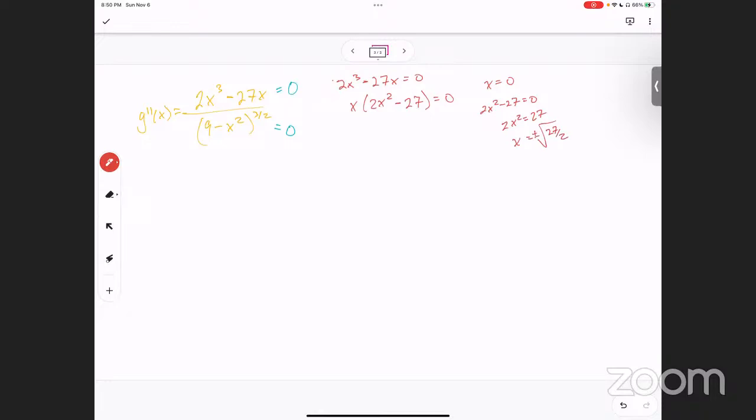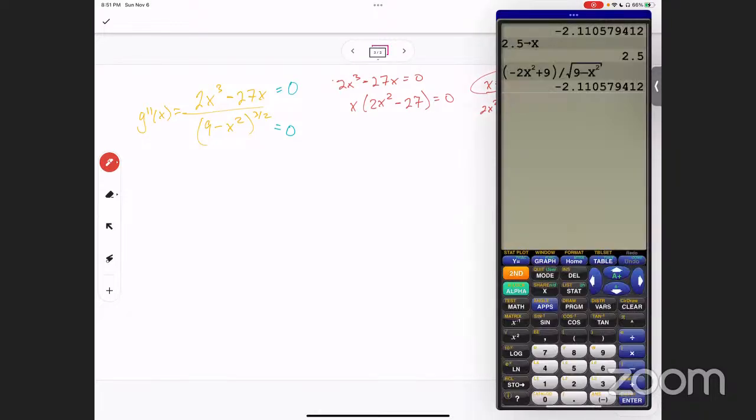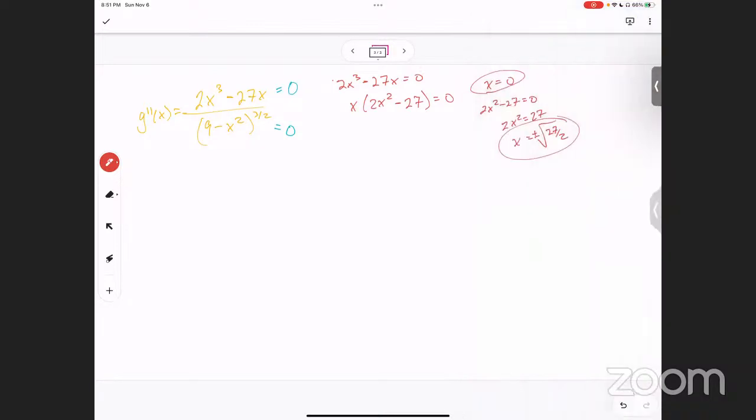Oh, plus or minus, don't forget the plus or minus. So there's one, there's another. Let's see if that's within our range. The square root of 27/2 is bigger than 3. So do I even have to worry about that? No, because those are bigger than 3 or smaller than -3. So the only one I have to worry about from the numerator is x equals 0.